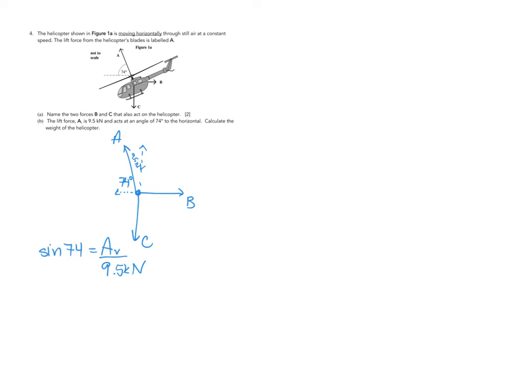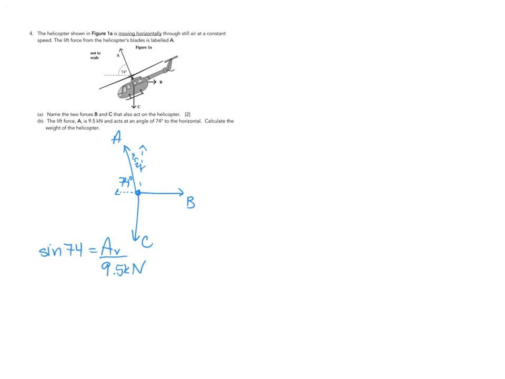And you can write these things out in words. There's no rule to say you have to use this subscript or that, but it does need to be clear that I know that you know what you're doing. Okay, so here we have sine 74 is my opposite, which was the vertical component, divided by the hypotenuse, which is 9.5 kilonewtons.